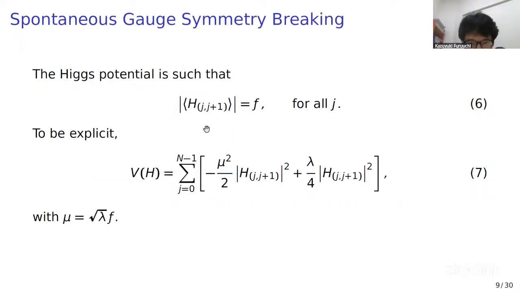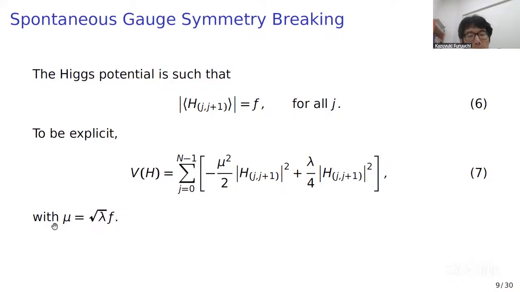In order to go to the deconstruction of dimension, we consider a Higgs potential such that the Higgs field has a finite value, the same for all the sites. To be explicit, we can consider the quite familiar quartic Higgs potential, except it runs from j equals 0 to N minus 1.